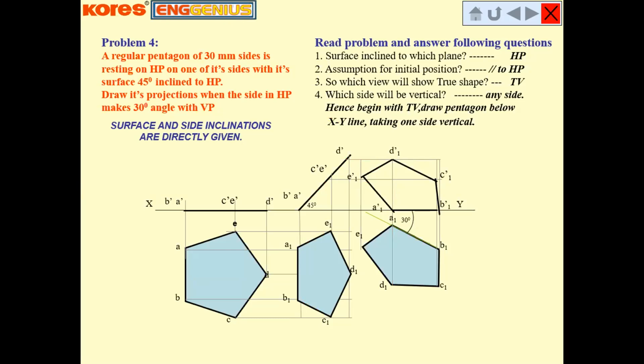So this is how you can draw the projection of a plane when it is given the condition of surface and side inclination, which information is given in the data itself.